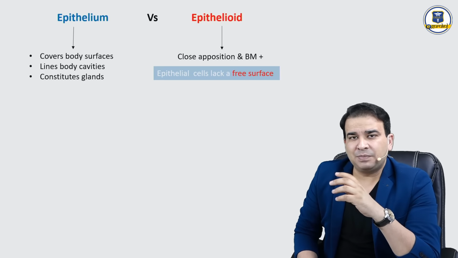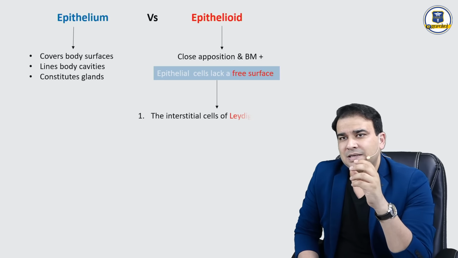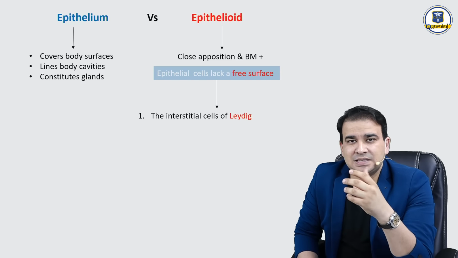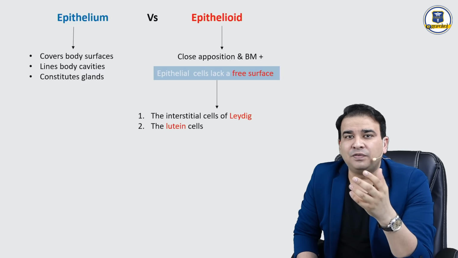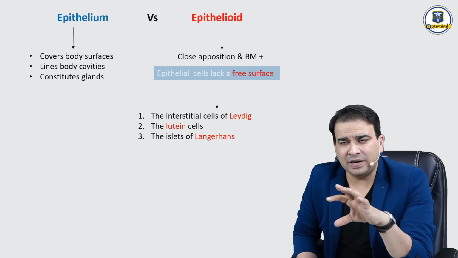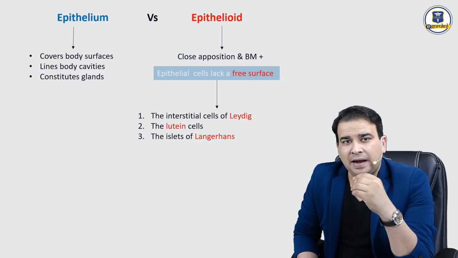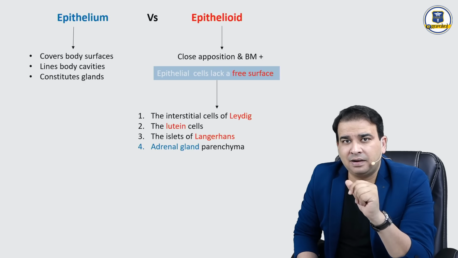The examples of epithelioid are the interstitial cells of Leydig in the testis, the lutein cells in the ovary, and the islets of Langerhans. All these are epithelioids. We do not have a free surface for these cells. Also the anterior pituitary and adrenal gland parenchyma.